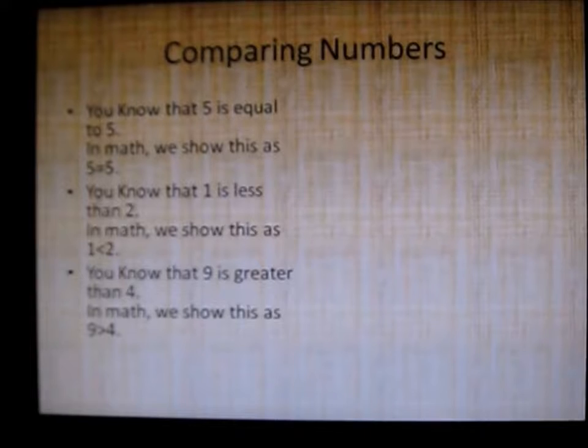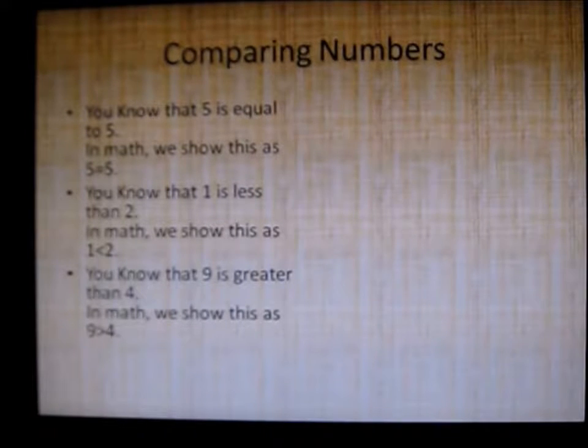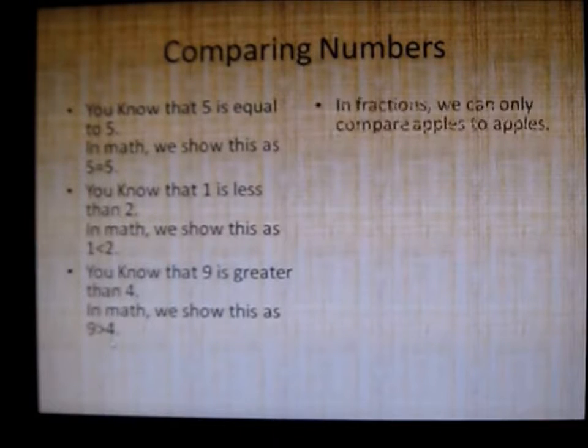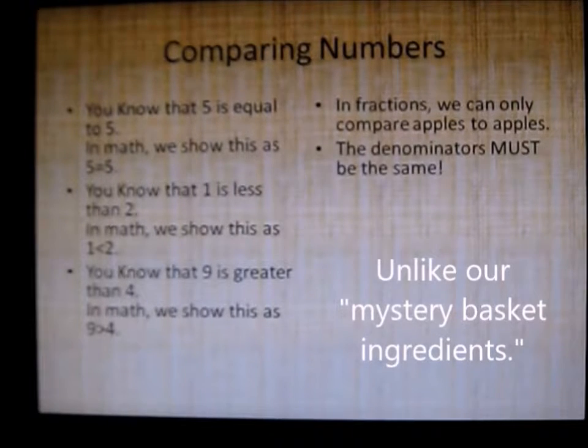In the last video, we talked about comparing numbers equal to, greater than, and less than. Now, we're going to see how this is not always the case when looking just at the numerators. In fractions, we can only compare apples to apples. The denominators must be the same.